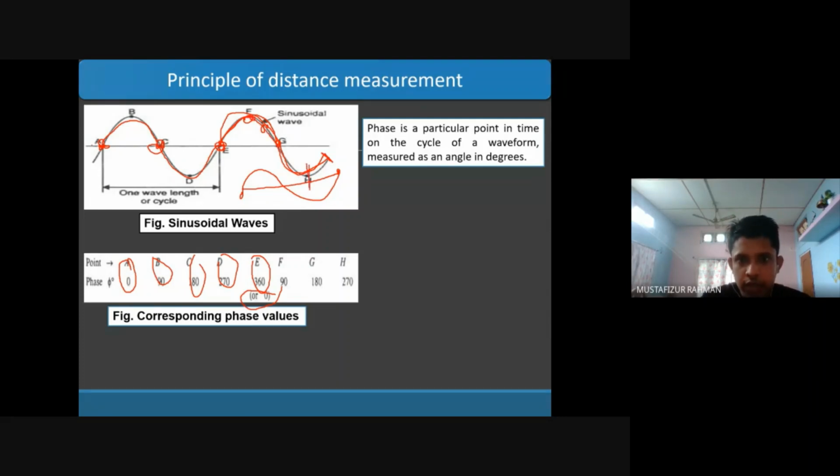Here it is 270 degree, and here it will be 360 degree. So in between 270 degree and 360 degree, we can calculate that is the phase at that point.